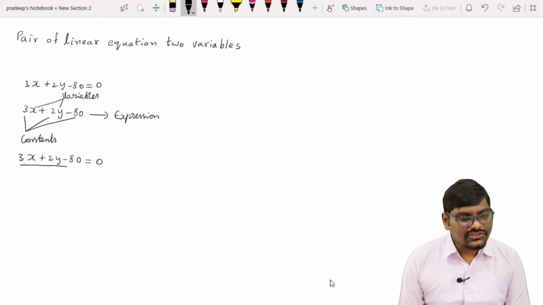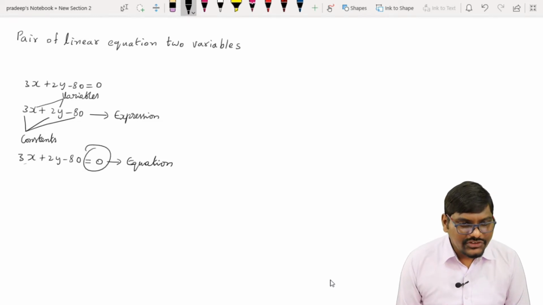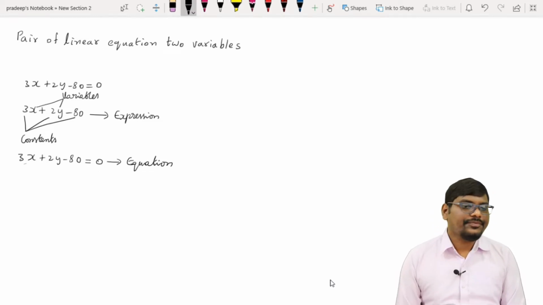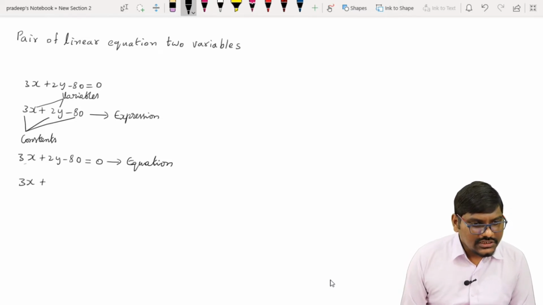Whenever the expression is equated with 0, this is now an equation. That is no more an expression, now it is an equation, because this expression is equated with 0. Now this same equation, 3x plus 2y minus 80 equal to 0.